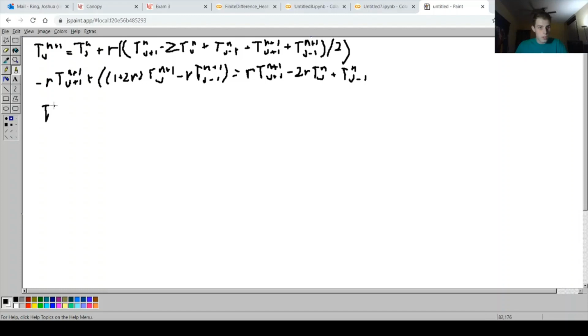So that's going to leave us with T of n plus 1 j, and then that is going to be multiplied by negative r e to the ik delta x, which is what I mentioned we were bringing in.